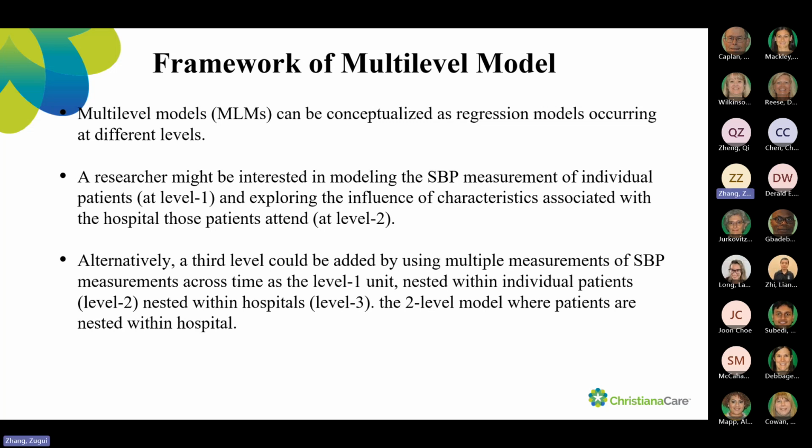Alternatively, we can consider the clinic or physician as the second level. A third level could be added by using multiple SBP measurements across time at a level 1 unit, nested within individual patients, nested within hospital, and so on.